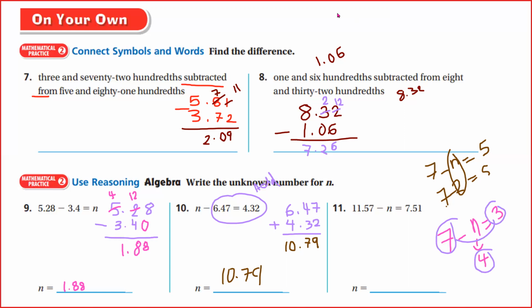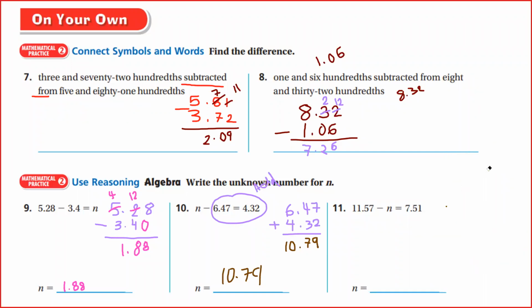So here in number 11, you have the same. You have 11.57 minus n, which equals 7.51. So how will you find n? By adding or subtracting? Subtracting. Thank you, Lana. Continue.